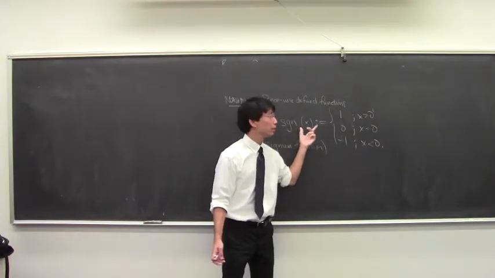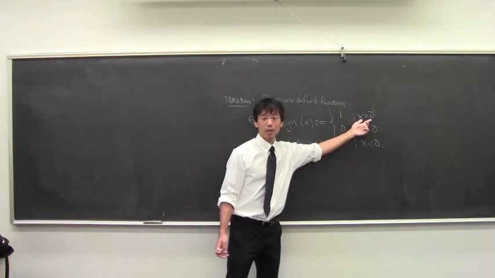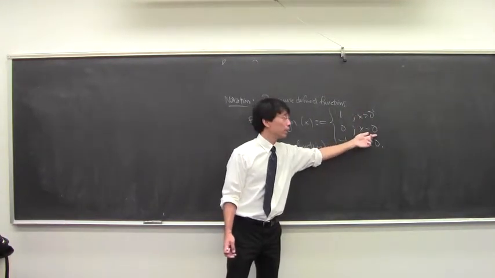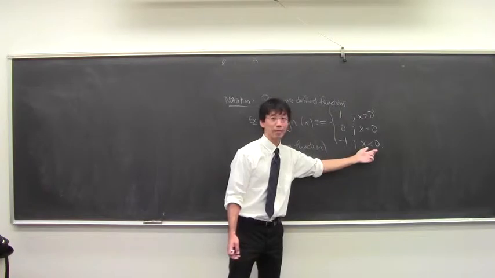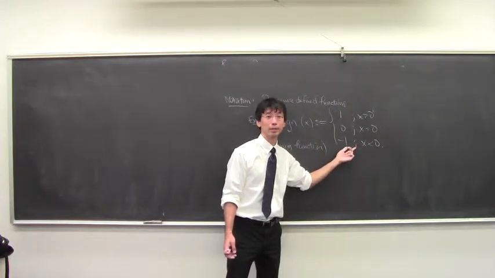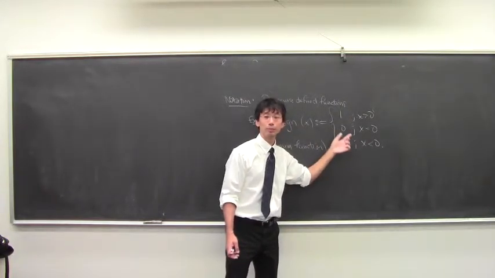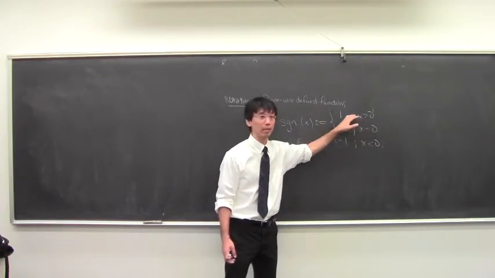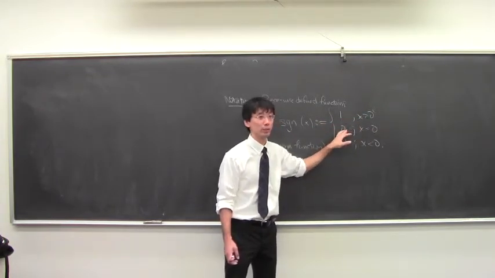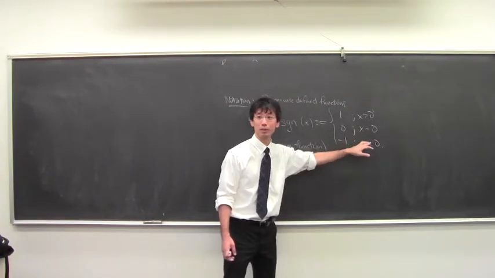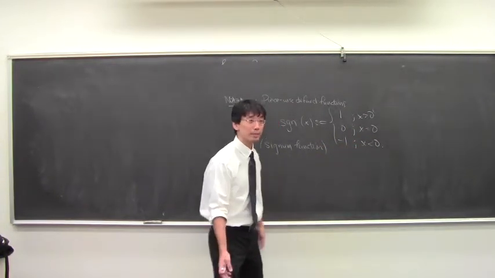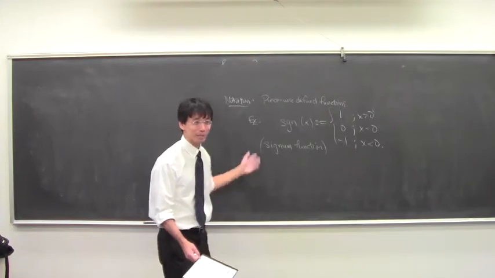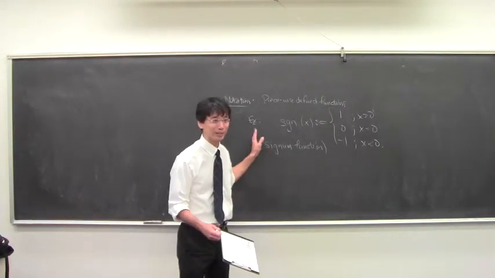So on the positive numbers, it gives you a 1. On 0, it gives you a 0. On the negative numbers, it gives you a -1. So it's piecewise defined: on each part of its domain, it has its own definition.